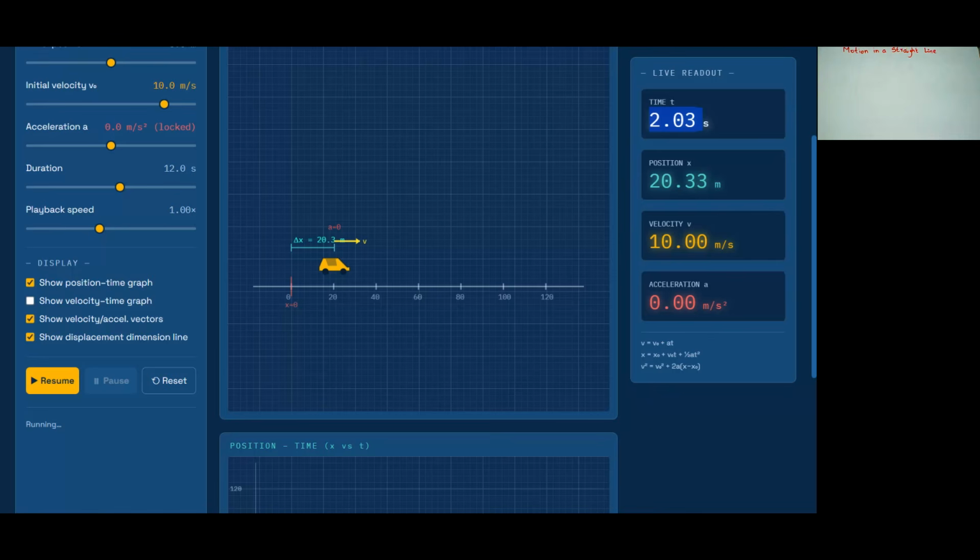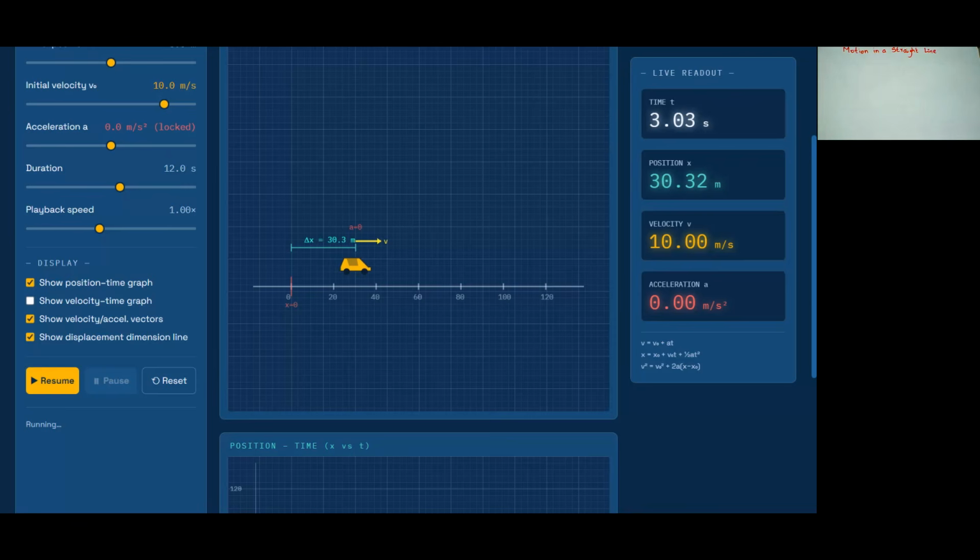For this motion, the average velocity over any interval, the first 2 seconds, the last 3 seconds, any slice, always equals exactly 10 meters per second. So again, you can see that at any other time, here you can say 30 meters.